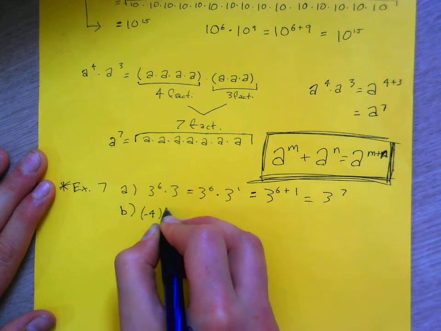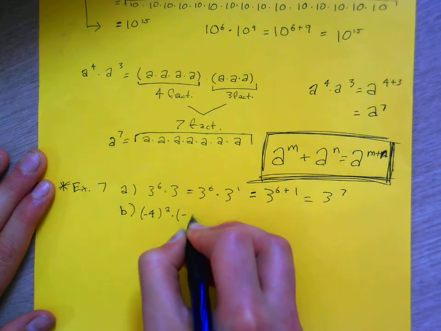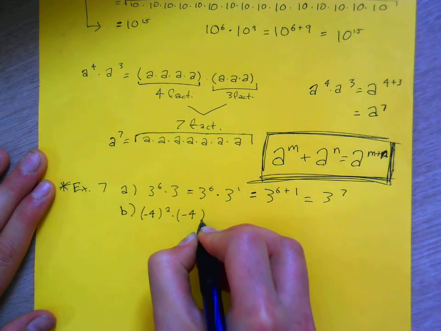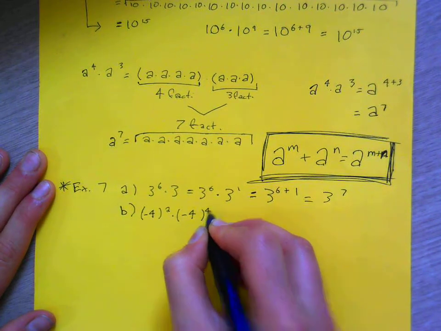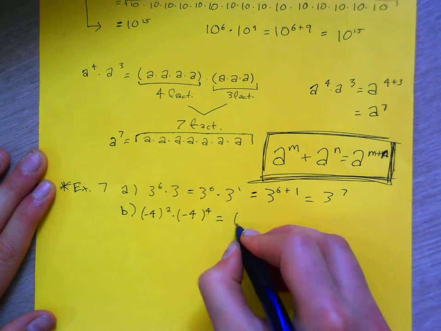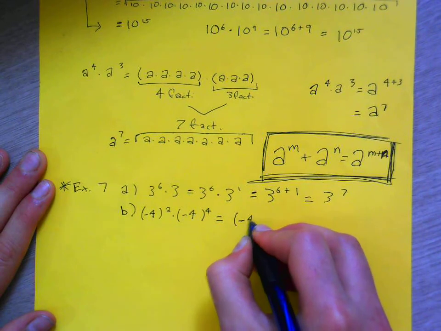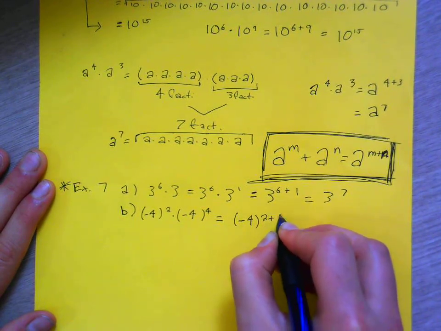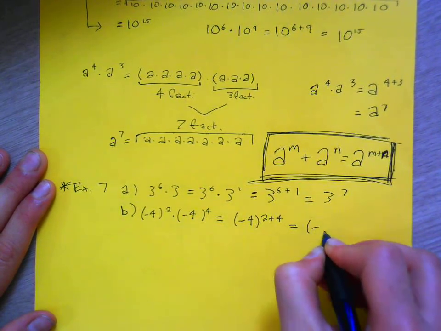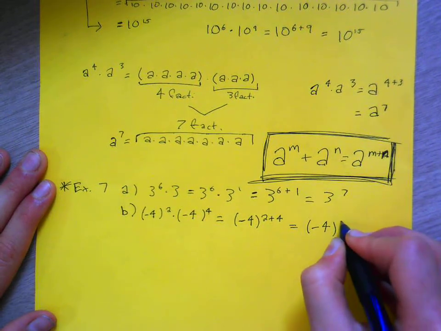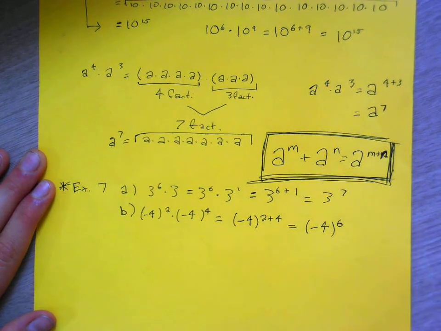Let's try B. Negative 4 to the power of 2 times negative 4 to the power of 4. We simply need to add the two exponents together. 2 plus 4 equals negative 4 to the power of 6.